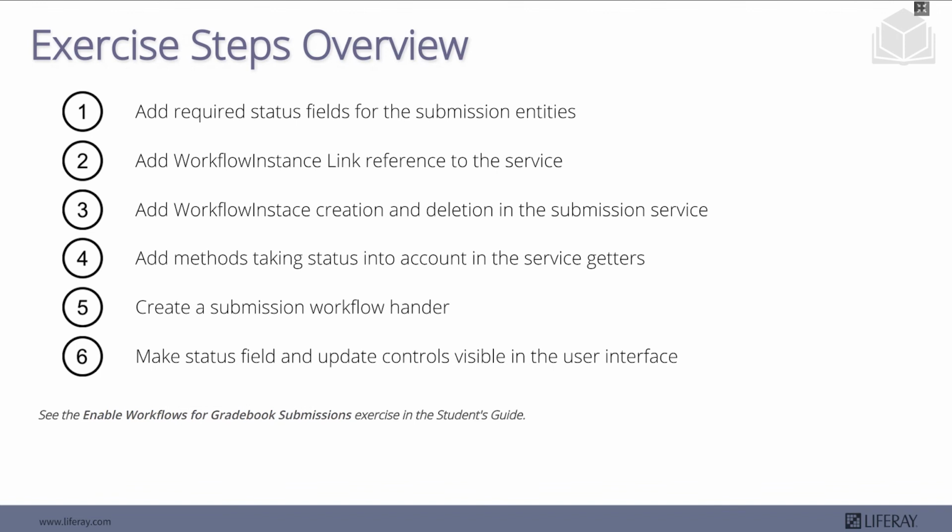We'll also create this workflow instance, and then when it's deleted, we'll also delete it. We'll then add the methods to take into account the status. Is it pending? Is it rejected? And so on. We'll then create that workflow handler and then further update the status through the UI.